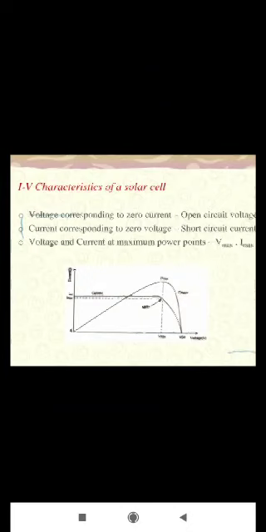Also, the output power is obtained in a solar cell when a load is connected and the respective voltage and current are at their maximum power points. At this time, you will get the maximum voltage and current, designated as Vmax and Imax, and you will obtain an output power in a solar cell. So you can identify these terms from the IV characteristics of a solar cell.